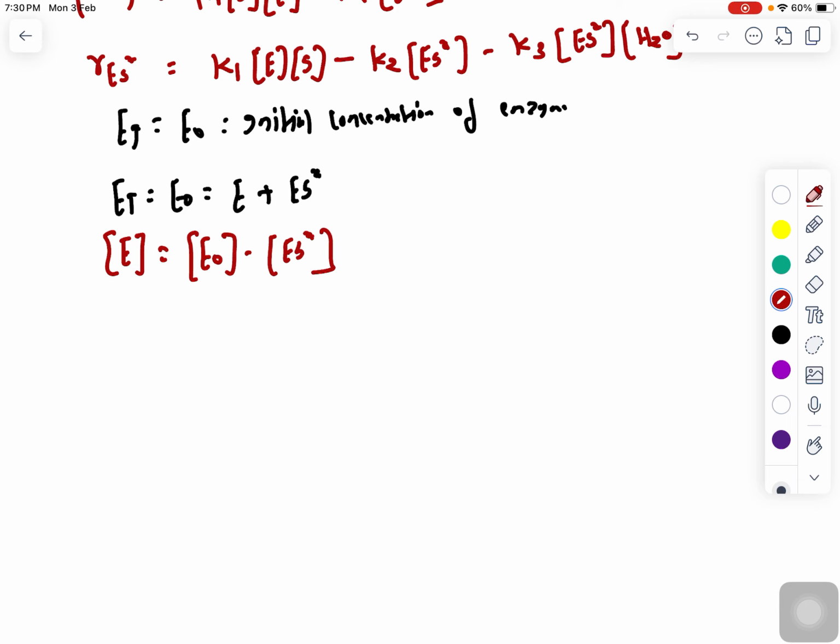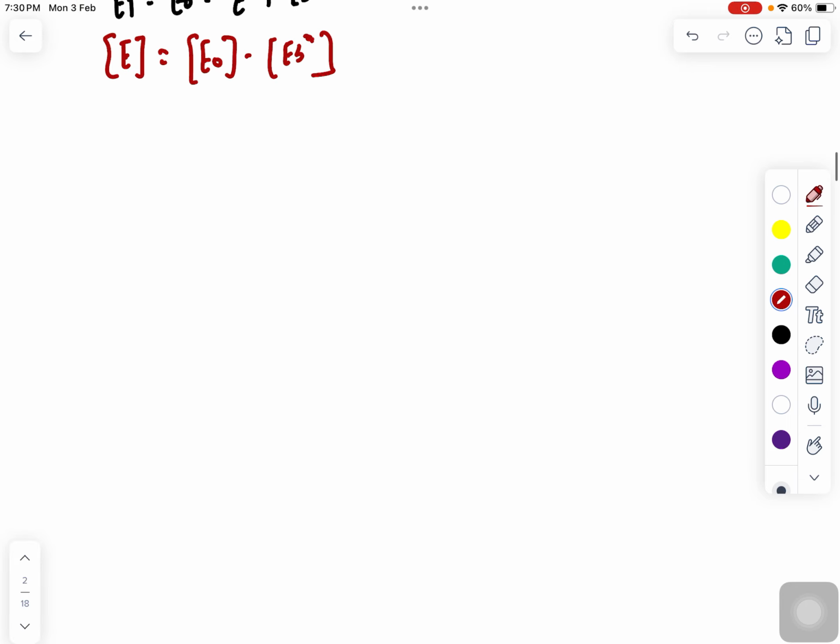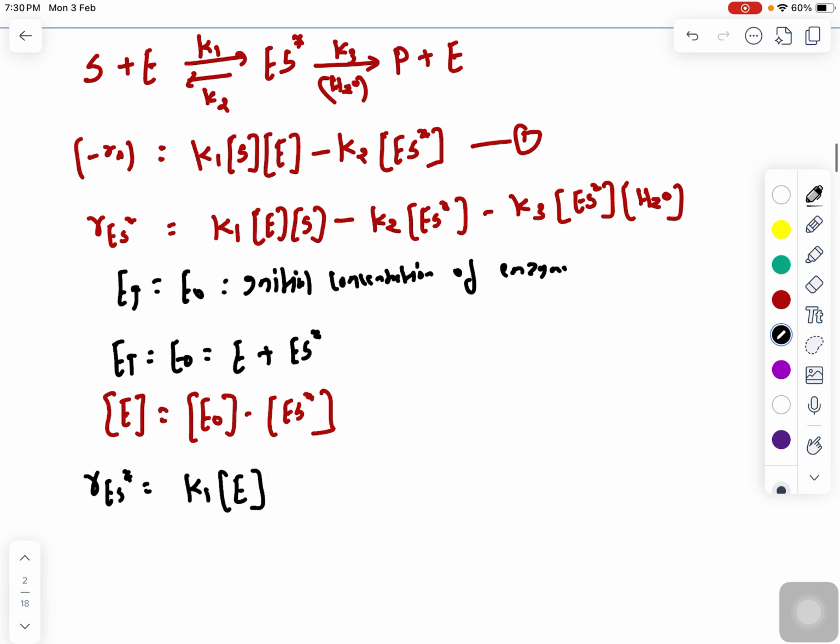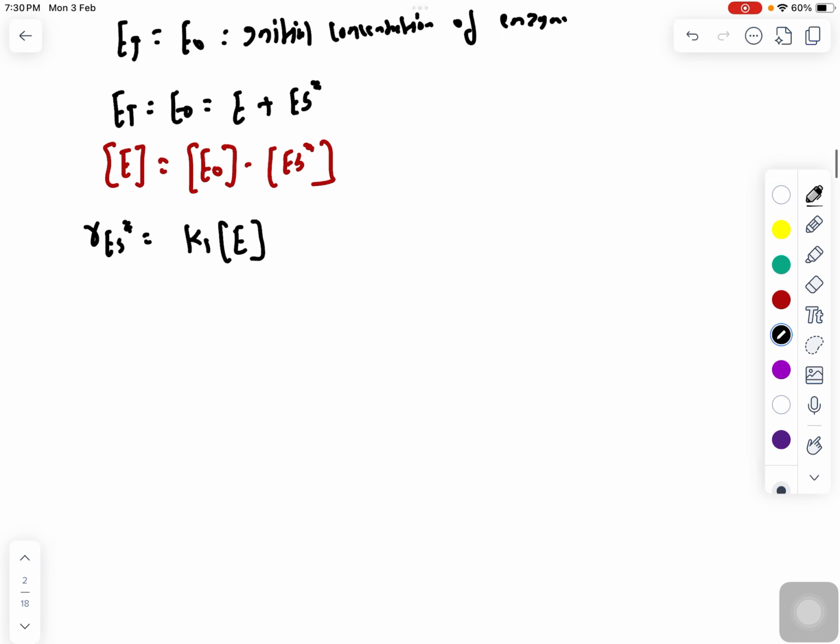Now if I want to write R in terms of ES star, that can be written as k1 concentration of E, and now I'll be replacing this concentration of E with E naught minus ES star. Is that clear?